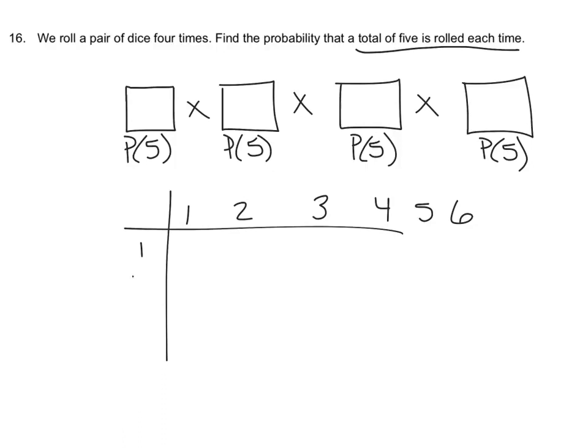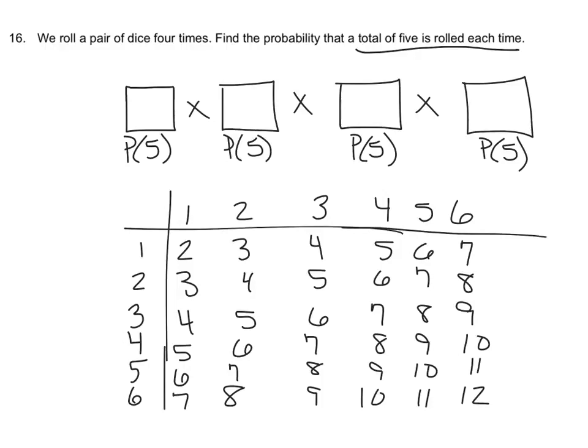And then the rows and columns represent the 6 sides of the dice. And then we're just going to find the sum of the dice by adding the digits together. I have all my possible outcomes of sums in the chart, and I'll just identify the number of times that 5 occurs, and that's 4 times.